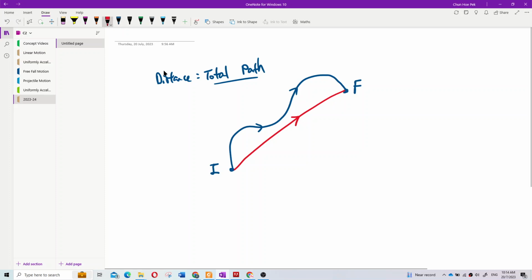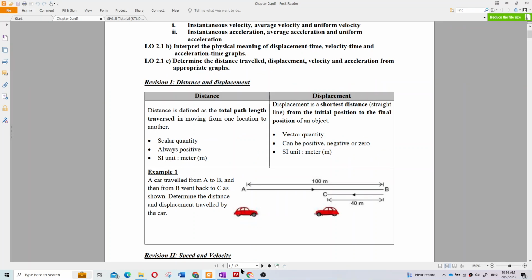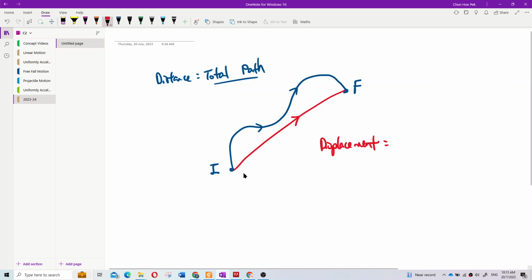Whereas displacement is the shortest path. It is the direct path, or shortcut. The shortest path between the initial and final point. Remember that.